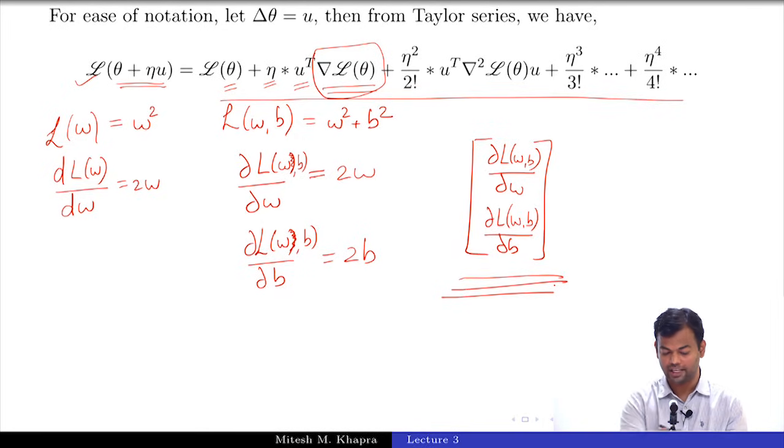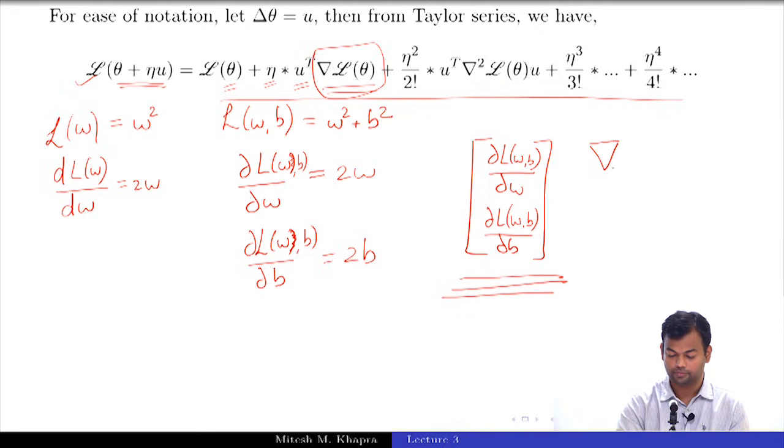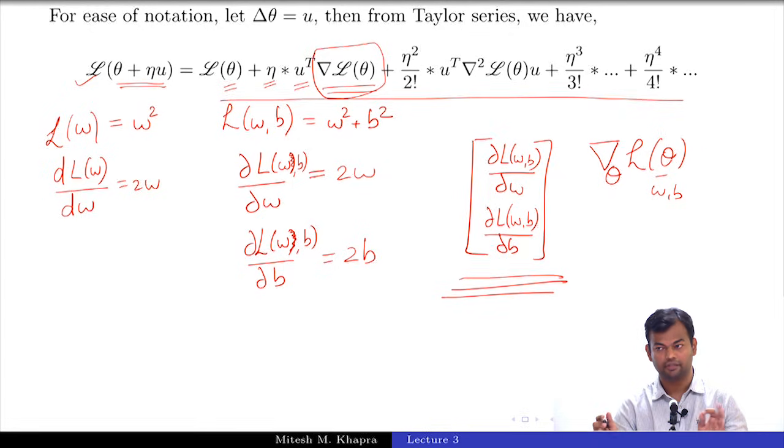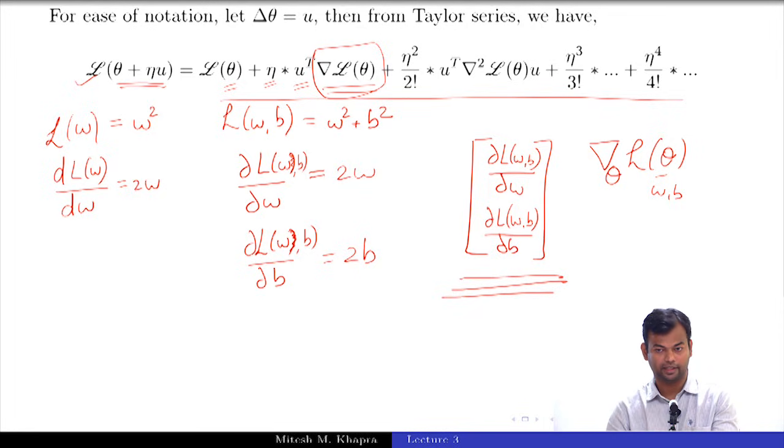So actually the right way to write this, and probably we need to correct it in the slides, would be with theta. Remember that theta is equal to W comma B. So this is the derivative of L of theta with respect to theta, which is nothing but the collection of the partial derivatives with respect to the components of theta. Is that fine? So everybody understands what a derivative, partial derivative and gradient are? Okay, fine. So now the gradient is a vector in this case.